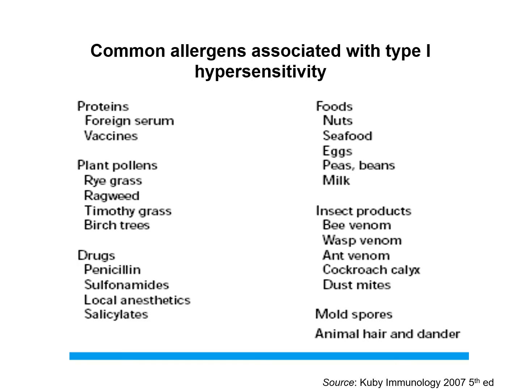right? So we have here some examples of allergens. They can be protein, foreign serum, something that is introduced to your body, like vaccines, right? Plant pollens, like ryegrass, ragweed, timothy grass, birch trees. We usually experience this in a particular season, for example, spring, when there are so many flowers releasing their pollens.